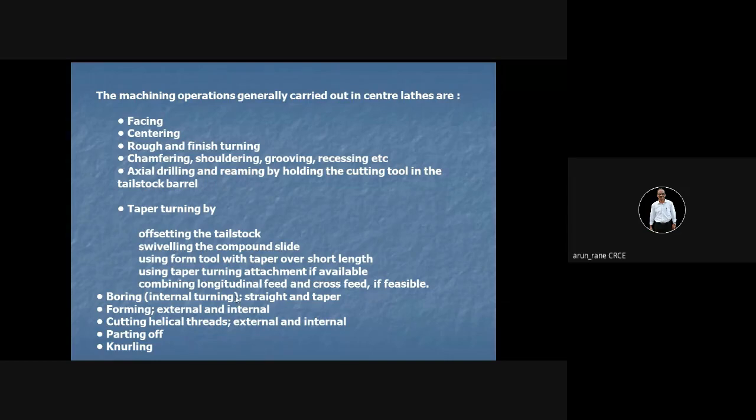It is not that accurate, but for smaller tapers definitely you can use this method. I hope all these five methods of taper turning are clear, out of which three methods are used frequently.